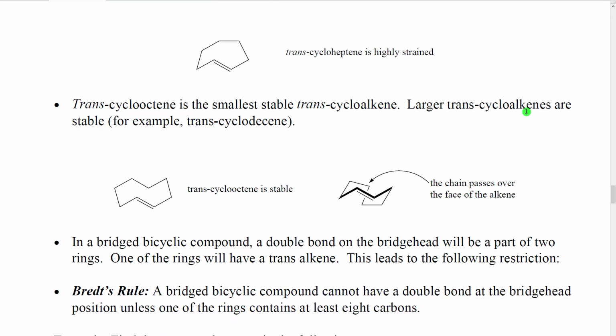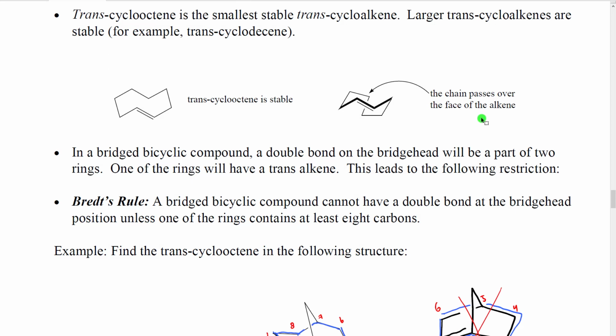Let's look at trans-cyclooctene. Trans-cyclooctene looks something like this. We have a double bond. Notice the Z shape of the double bond. We're coming in on one side, leaving out on the opposite side of the bond axis. And then we just kind of have a chain that connects from one end around over to the other end.